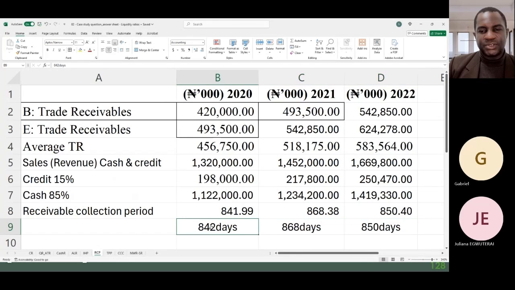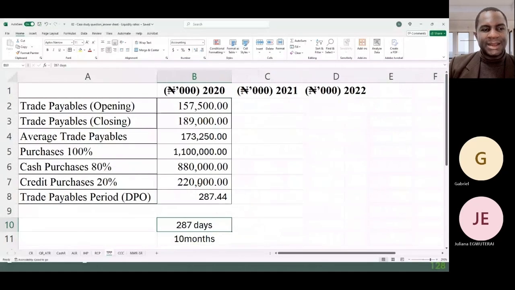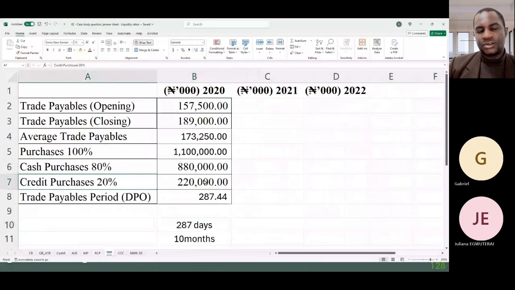We calculated 842 days, so 365 times 2, about 2 years or so from our computation in the last class to get their receivables. But looking at the amount involved, it may not be that material, but 220 million is actually material. If cash purchases were about 80 million, 80%, then 20% is also material.